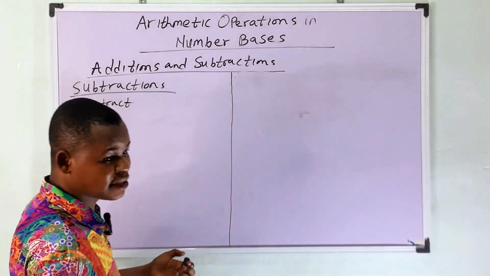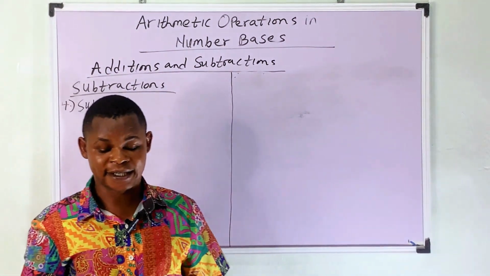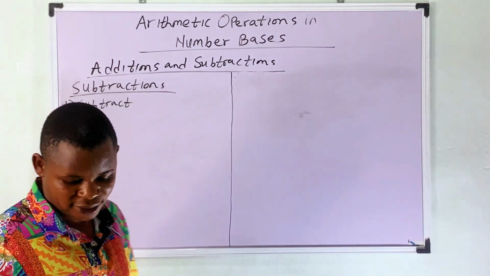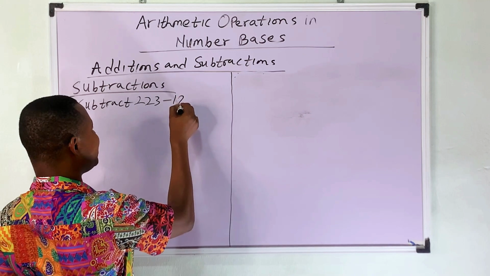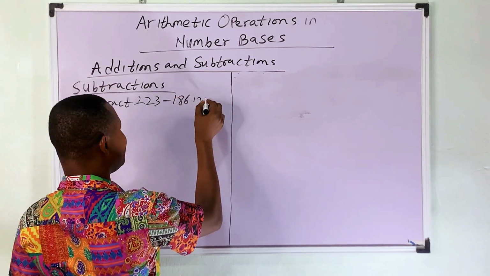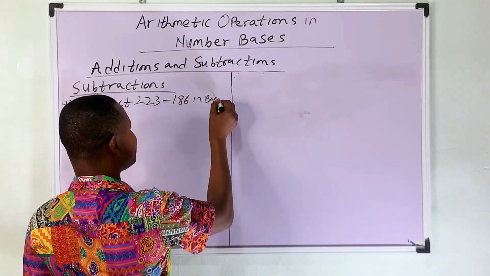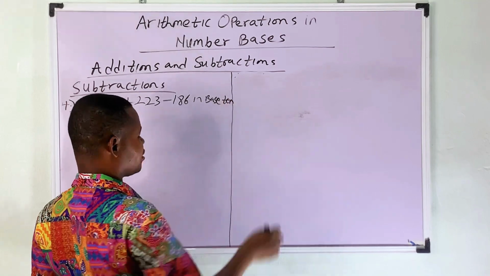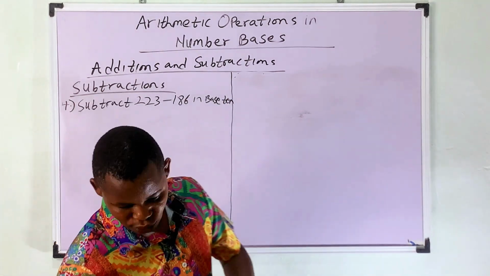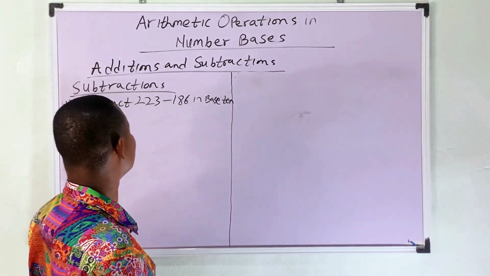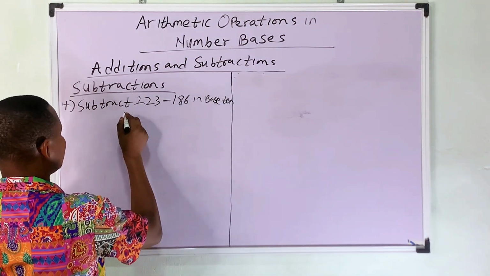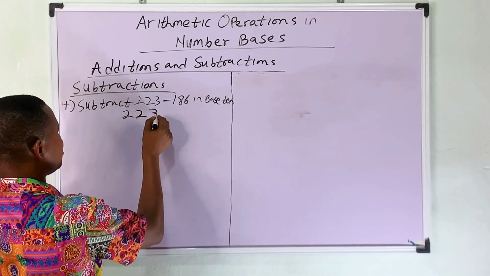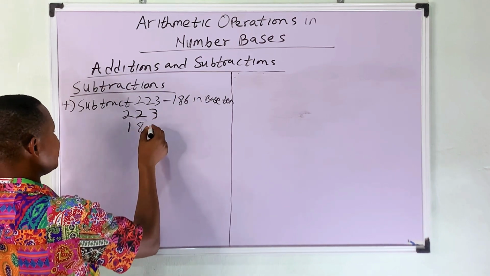Let's firstly deal with base 10, which we are conversant with. 223 minus 186 in base 10. We're going to subtract 223 minus 186. Let's get it done. That's 223, 186.